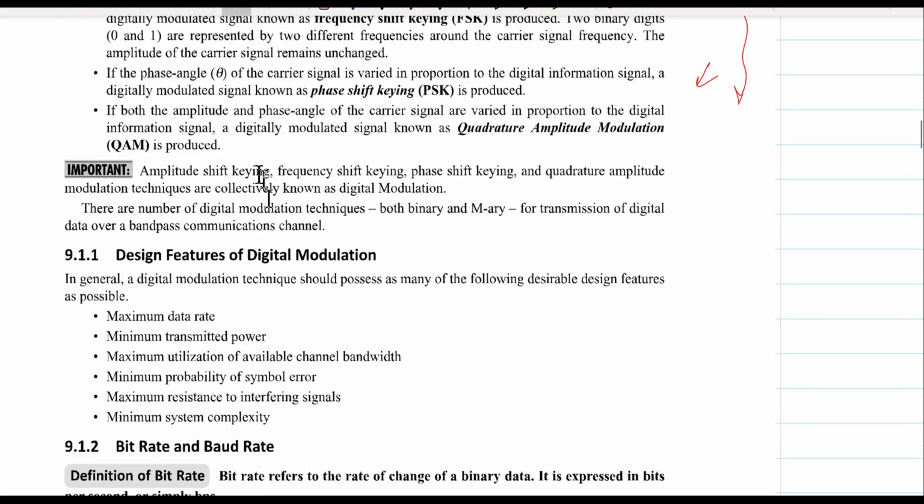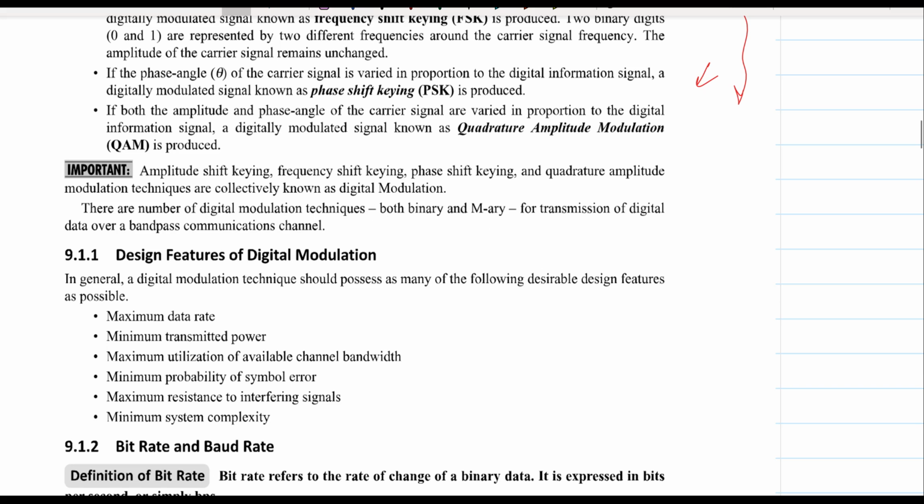So we now just notice this important point that amplitude shift keying, FSK and PSK are collectively known as the digital modulation schemes, and there are a number of them which fall under the category of binary or M-ary modulation schemes.